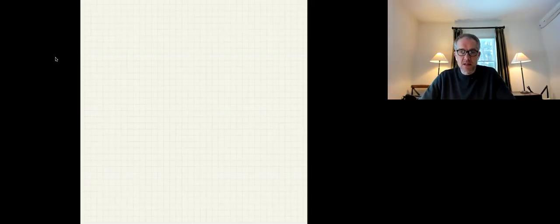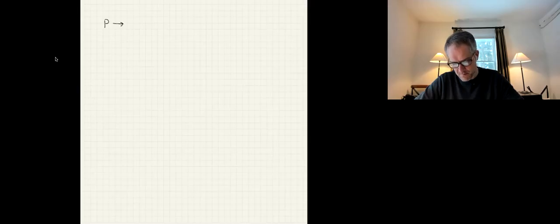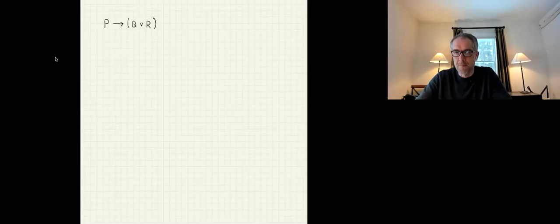Okay, so now I'm going to sketch a proof of equivalence of those two sentences we saw with truth tables are equivalent. So here's what I'll do: I'm going to start with the first one, if P then Q or R. And what I'm going to do is string equivalences together here.